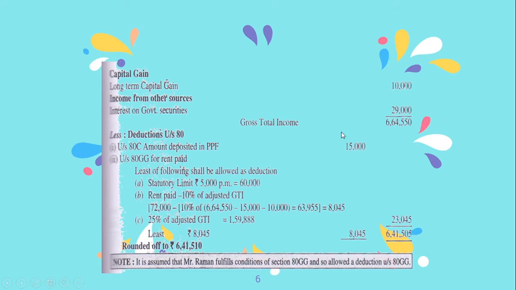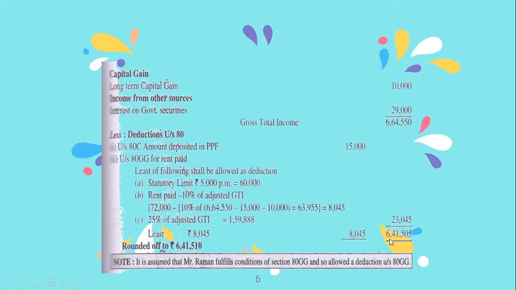So 80C deduction 15,000, 80GG deduction 8,045. Both together, your deduction under section 80 is 23,045. Our gross total income was 6,64,550 minus deduction under section 80, that is in this case 80C and 80GG together.